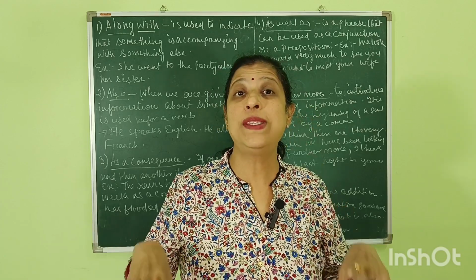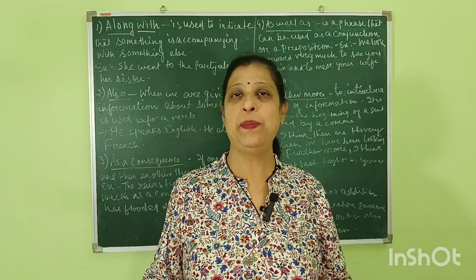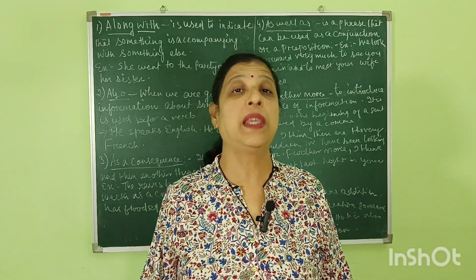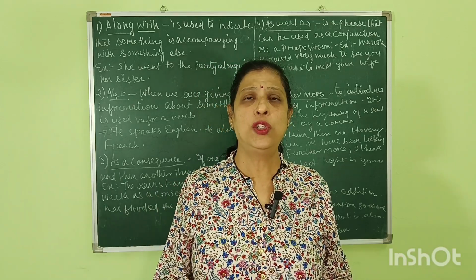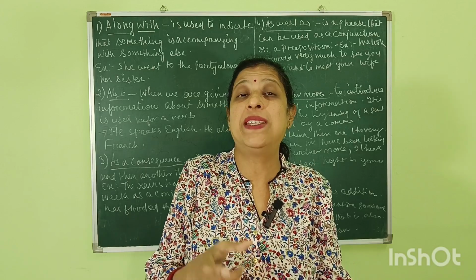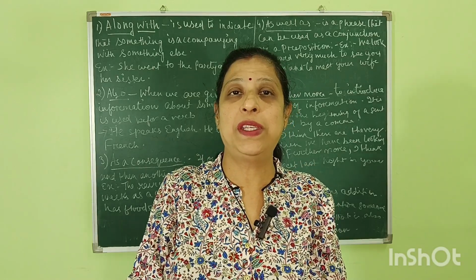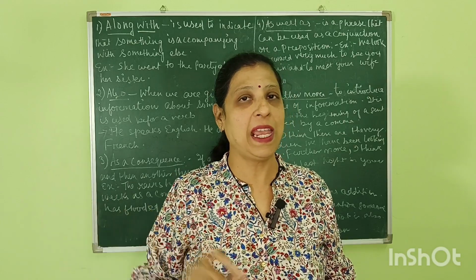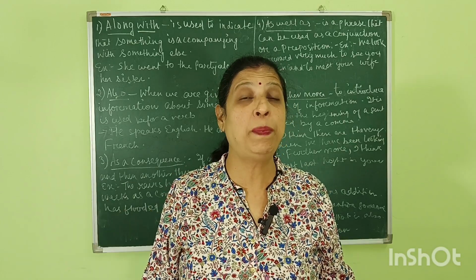So here there are two sentences. There are two independent sentences. I bought a chocolate, I bought a cake. Here, to shorten it, not to repeat I again, I am telling I bought a chocolate and a cake. What am I not repeating here?